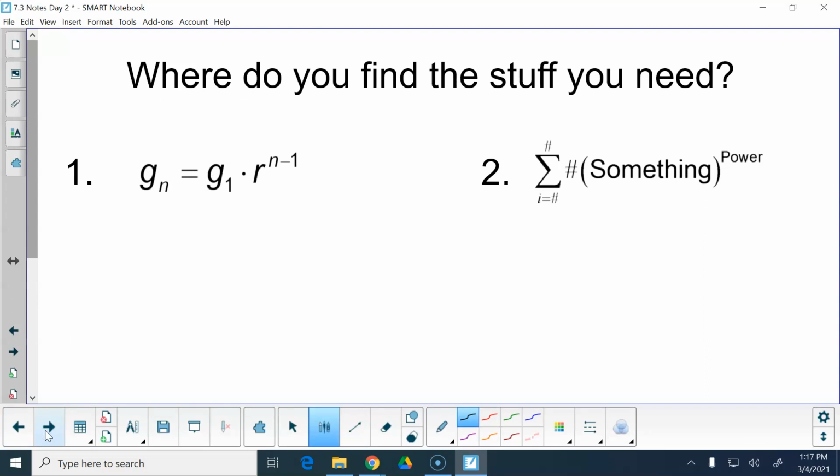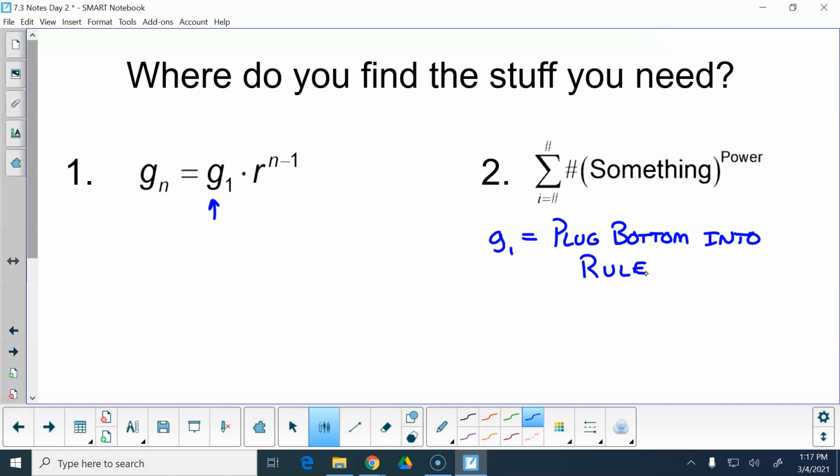So, where do we find the stuff that we need? Well, we've needed a couple of different things. So, we needed g sub 1. Well, g sub 1 is right there if I'm given the rule. G sub 1 in sigma notation, you've got to plug the bottom into the rule.